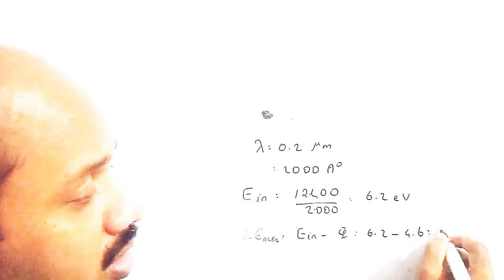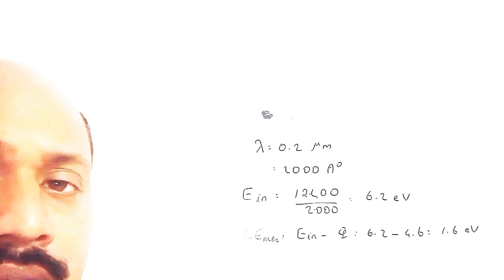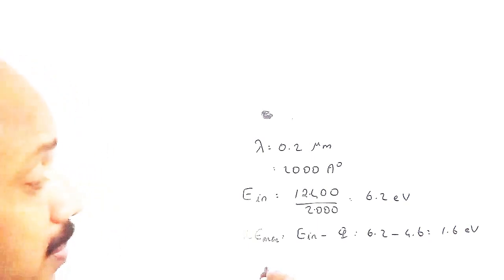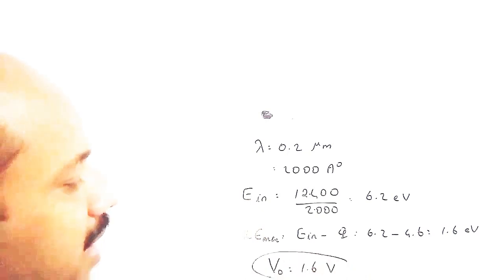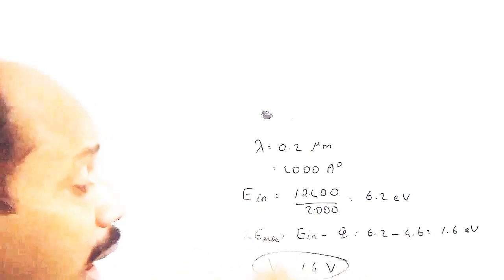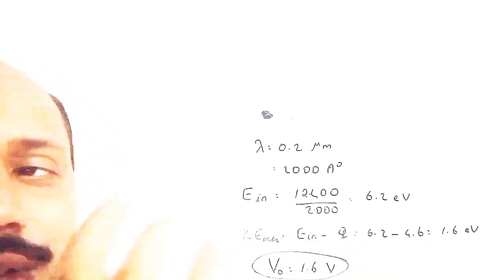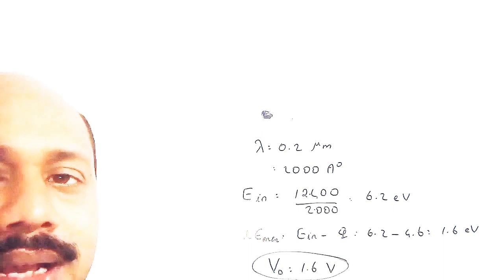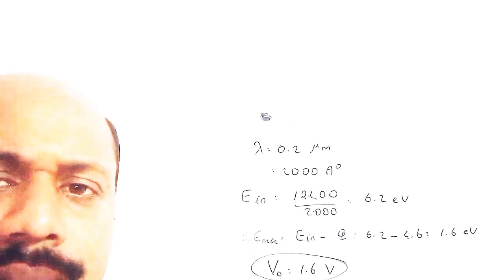That is only 1.6 electron volt. Therefore, the stopping potential is 1.6 volt. Therefore, the maximum potential of that sphere will be 1.6. If the potential reaches this 1.6 volt, then further electrons will not be emitted, right? Yes.